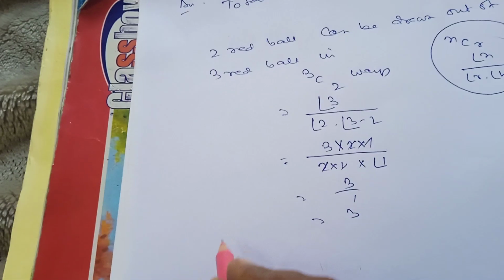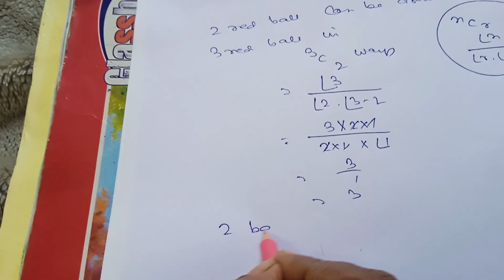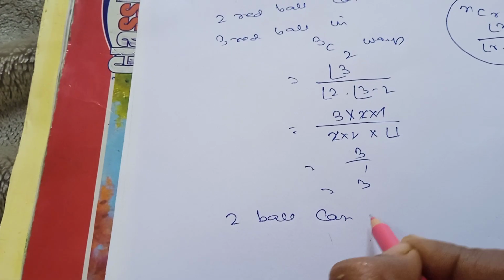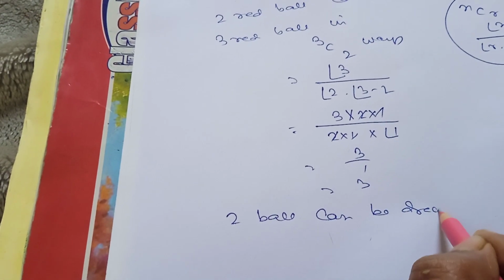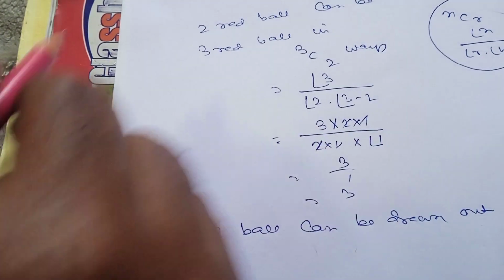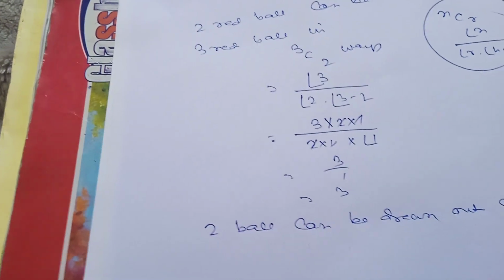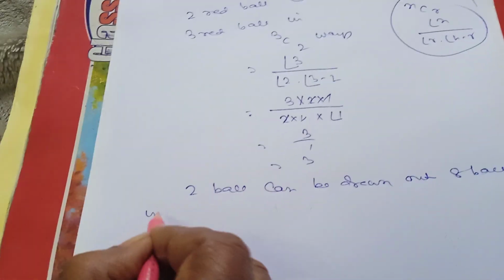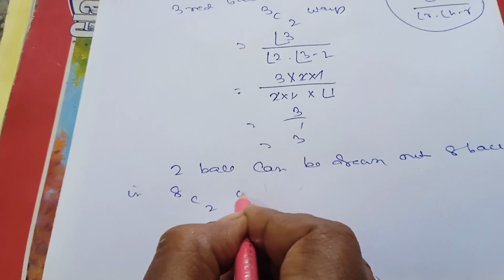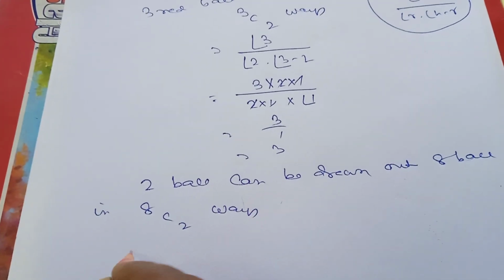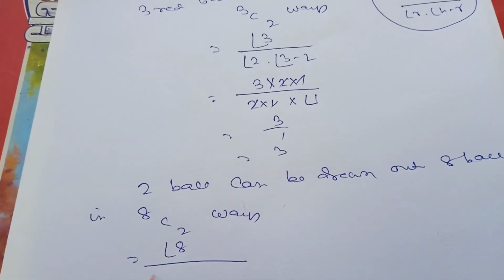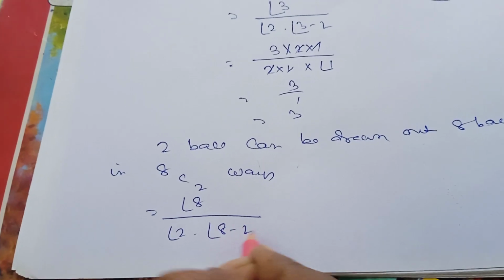Now, those two balls can be drawn out of how many balls? 8 balls. Out of 8 balls in 8C2 ways. That is factorial 8 by factorial 2 into factorial 8 minus 2.